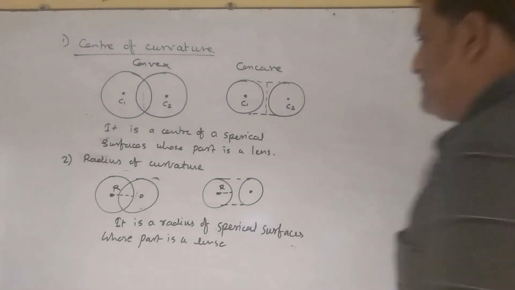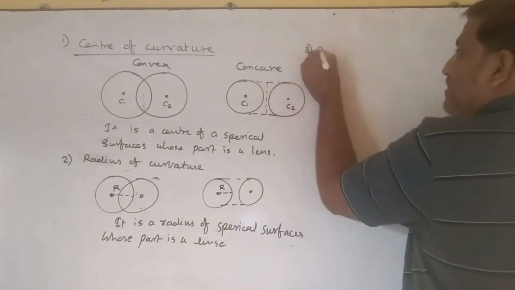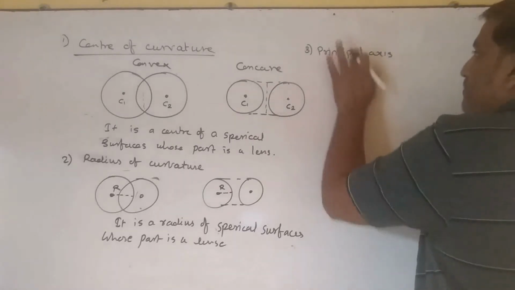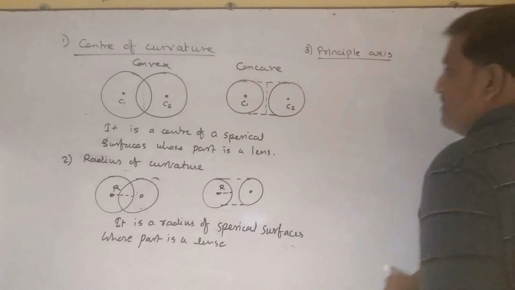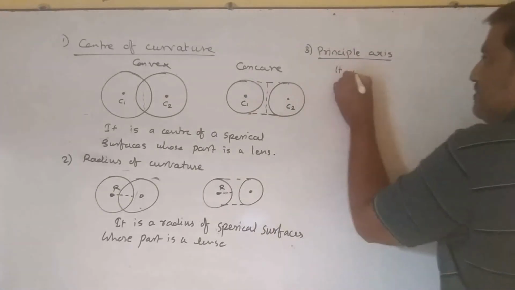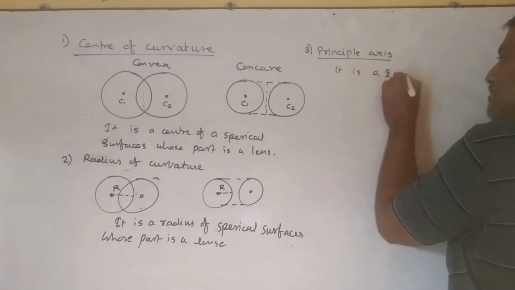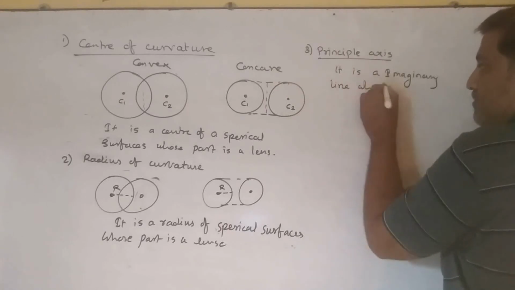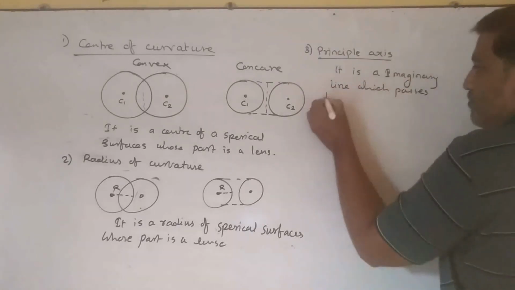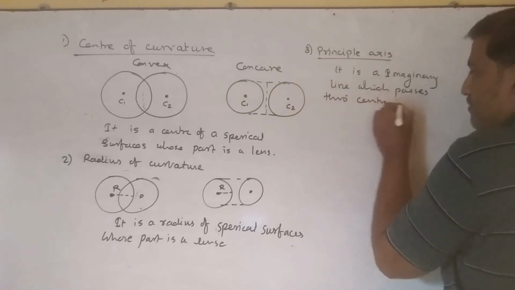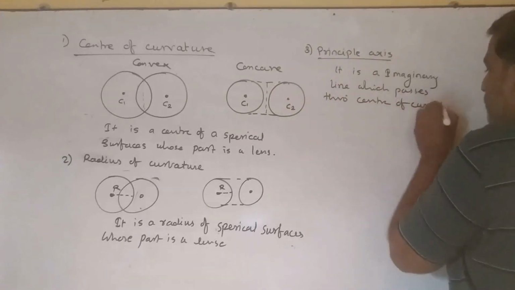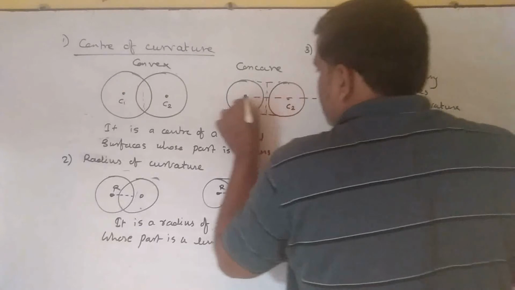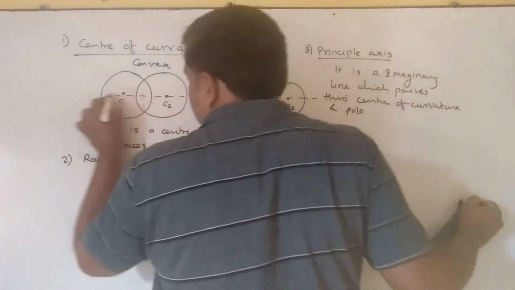Next is principal axis. The third one is principal axis. What is principal axis? Principal axis means it is an imaginary line which passes through the center of curvature and O. Okay, so the imaginary line passing from here is what we will call the principal axis.